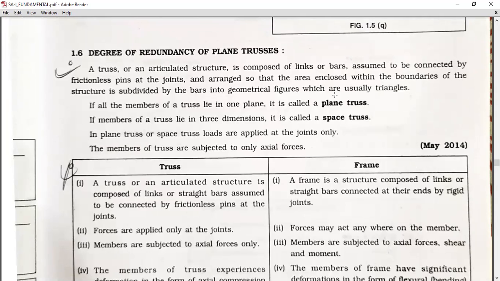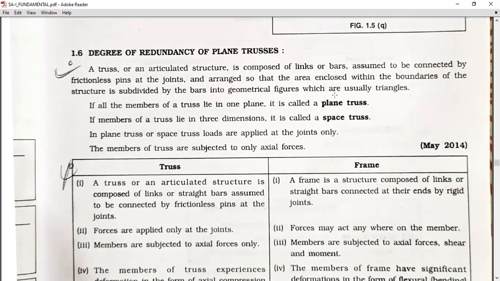Let us start the second topic, degree of redundancy of plane truss. There is a little difference between truss and frame. Before we start, we can give an introduction about the plane truss.